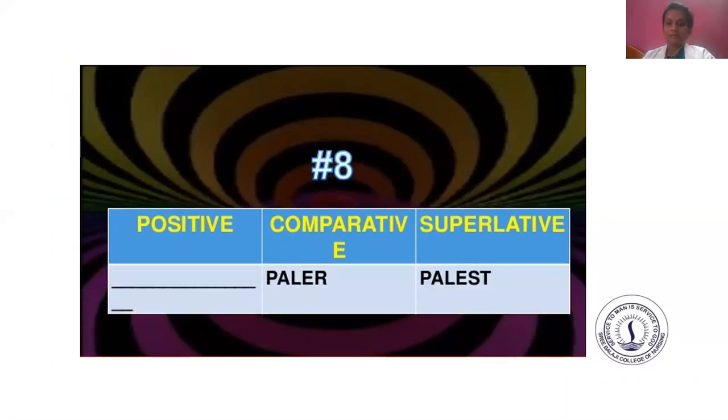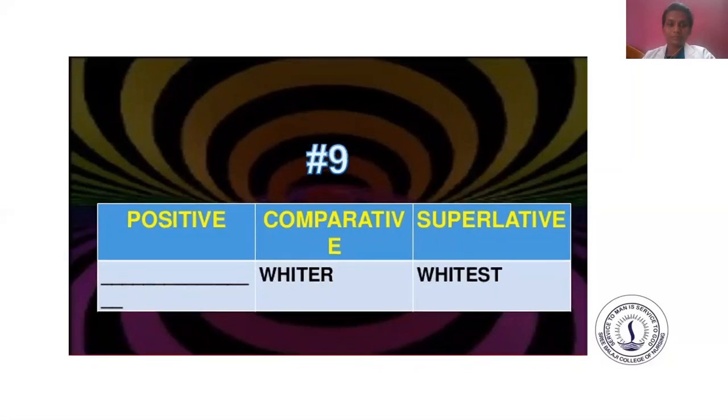Paler, palest. So the positive form is pale. Whiter and whitest. Comparative form is added with -er, and superlative form is added with -est, and the positive form is white.